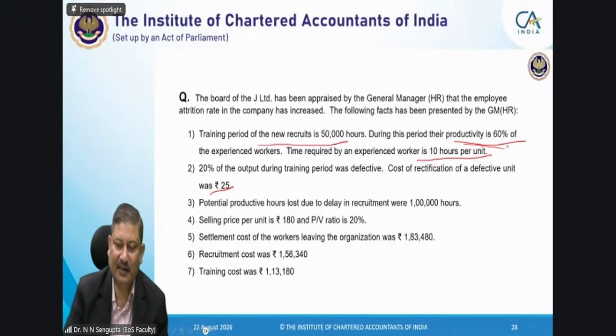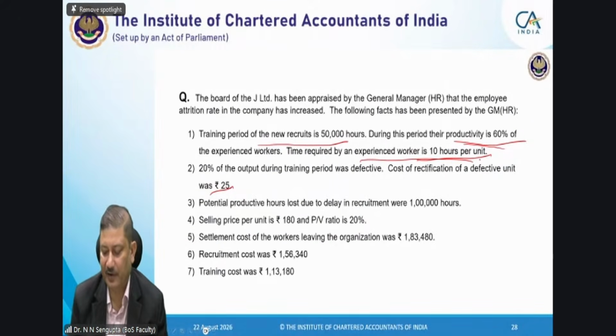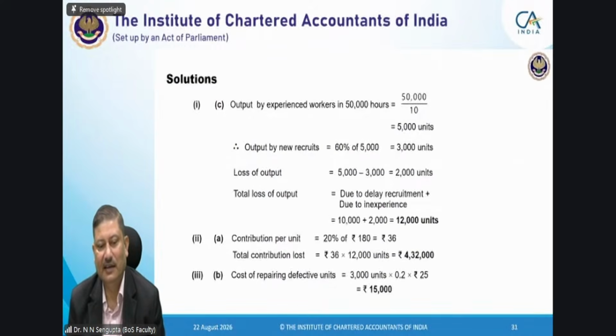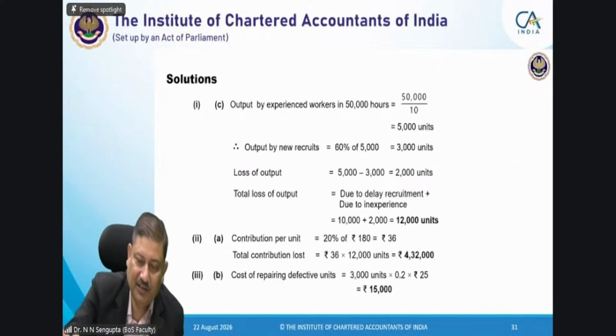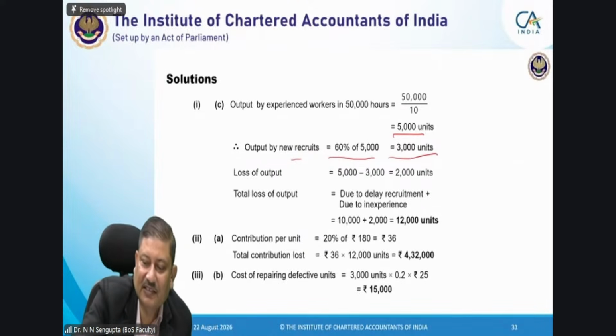So these two, and experienced worker takes 10 hours per unit. So the output given by the experienced worker in these 50,000 hours is very simple. It will be 5,000 units, but new recruits will give only 60% of it, that is 3,000 units. So there is a loss of output.